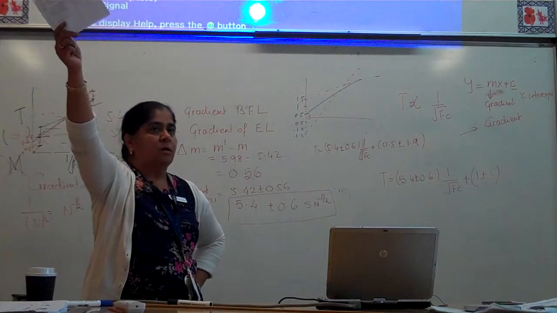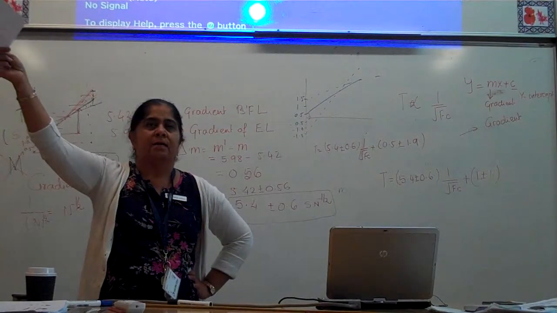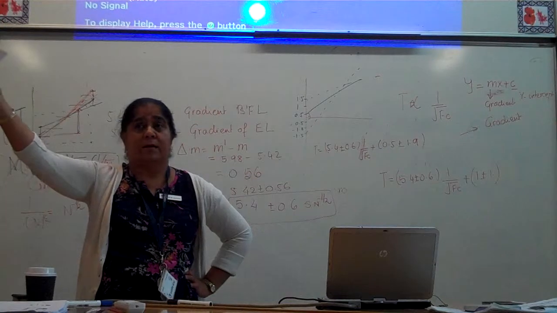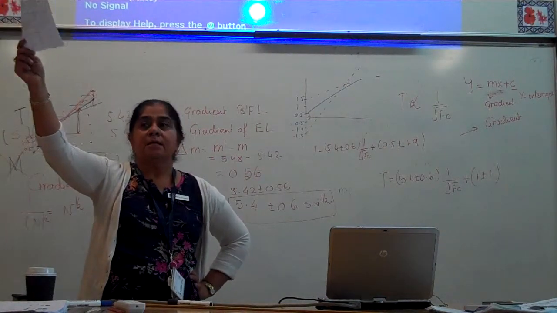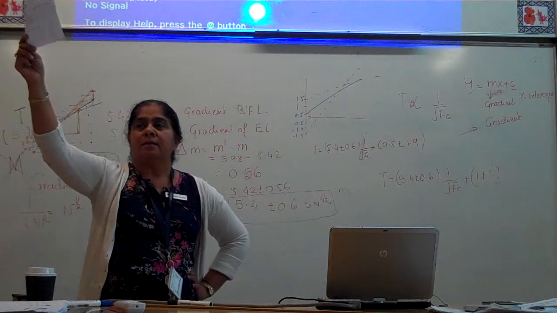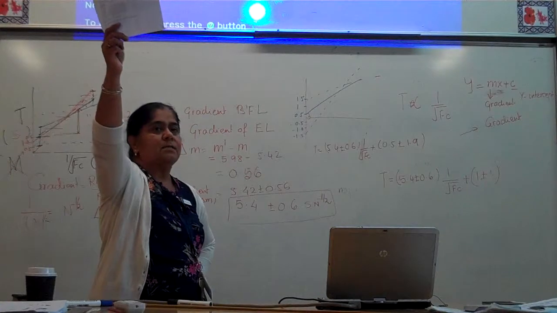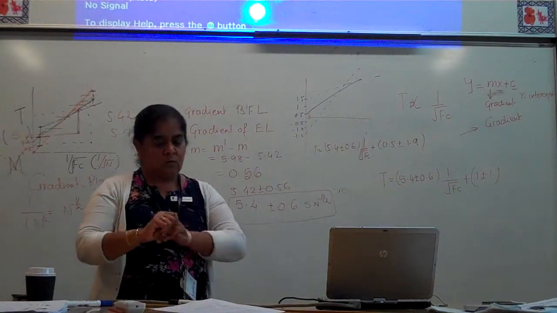If you feel your target is achieved, you're more than welcome to leave. Even otherwise, you're more than welcome to leave at any time. But you can stay until you feel that you have reached excellence in this report. How does that sound? Thank you. So now start working.